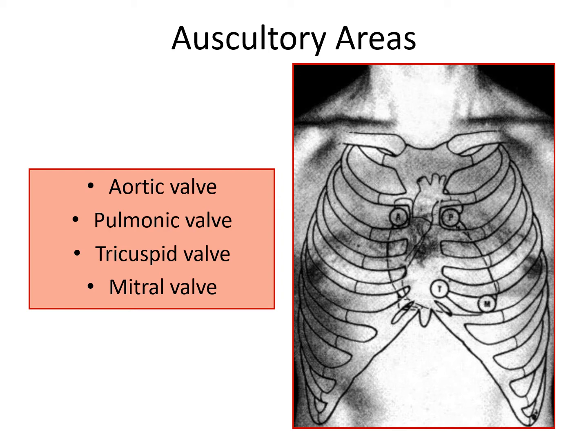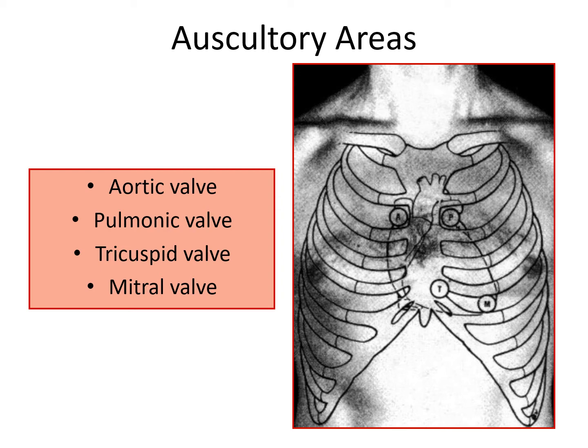If there is a murmur, turbulent blood flow across the aortic valve, you'll want to place your stethoscope where you see the A for aortic valve. Now get that, it's on the right side of the chest, in the second intercostal space. That's because that's where you can hear the aortic valve turbulent blood flow best.